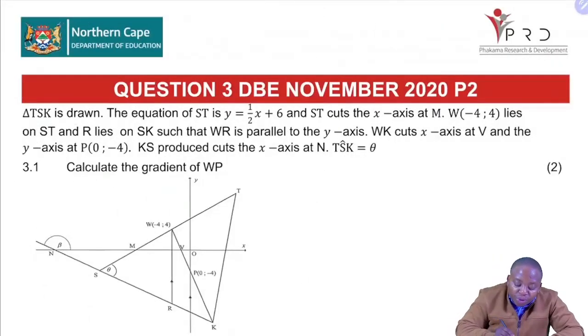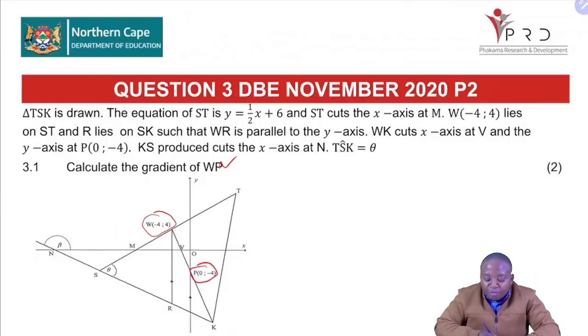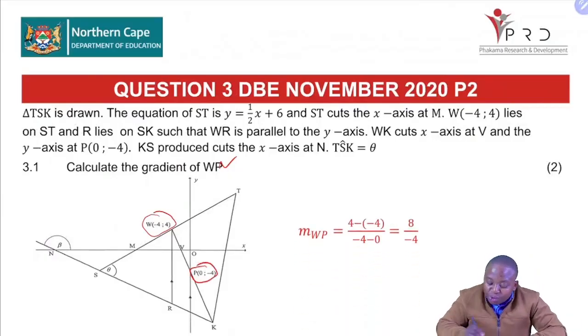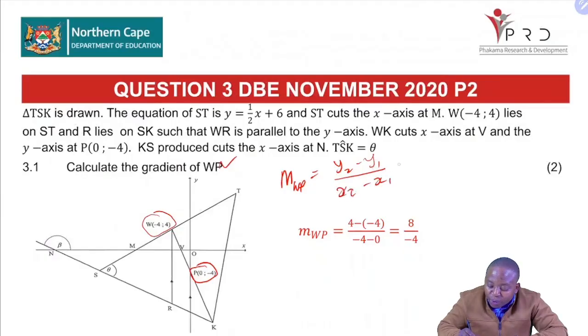Now let's look at 3.1. It reads as follows: calculate the gradient of WP. How are we going to find that gradient? We are going to copy down the gradient formula, m_WP equals (y2 minus y1) over (x2 minus x1). Remember, this is found in our formula sheet.